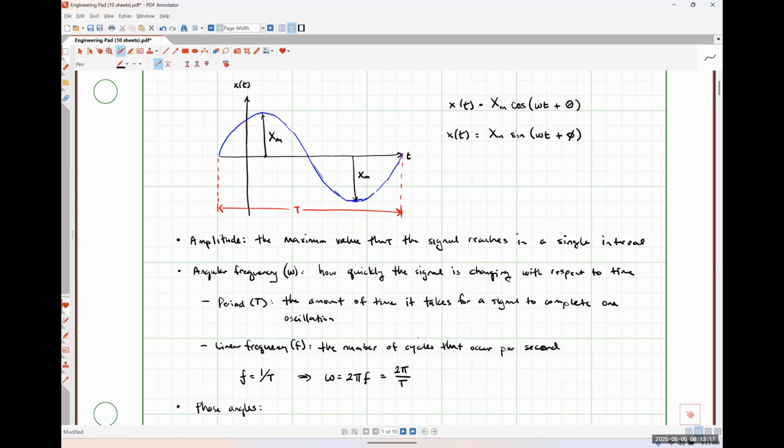Well, actually, so a period is the amount of time it takes for one cycle to complete.